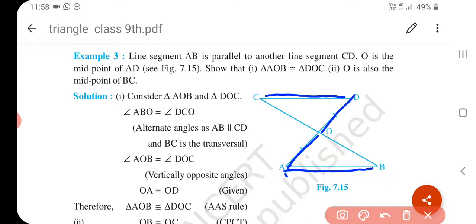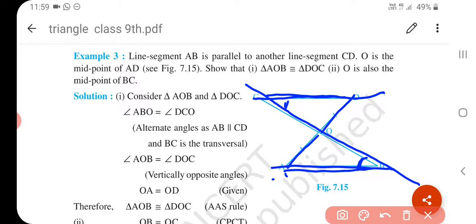We will take two triangles. Now angle ABO, meaning this angle, is equal to this. Why? Because these two lines are parallel to each other, so we can say that this is our transversal. If this is a transversal, then this angle is equal to this, which are alternate angles.